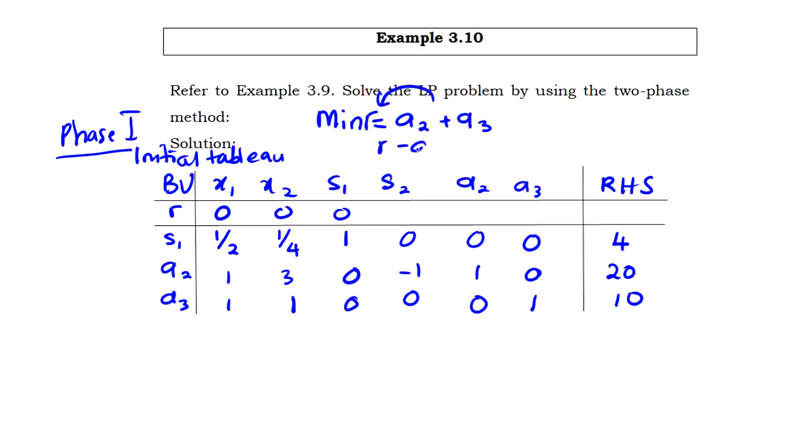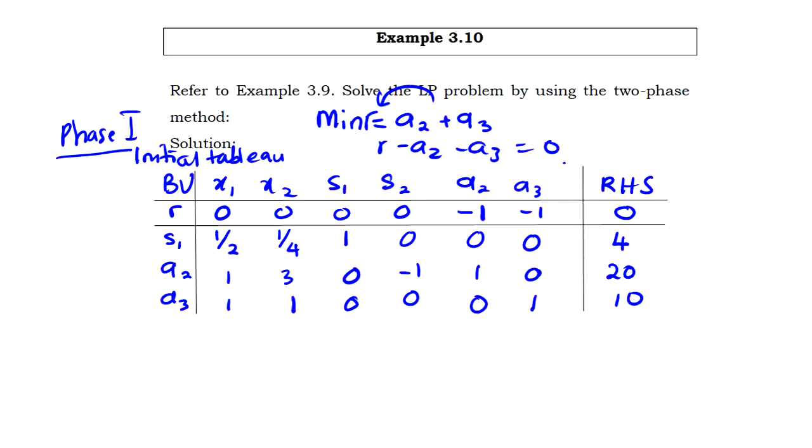And for row 0, we have 0, 0, 0. So R minus a2 minus a3 equals to 0, right? Then we have -1, -1 and 0. For this case, we notice that a2 and a3 are BV, but the coefficients in row 0 are not equal to 0.